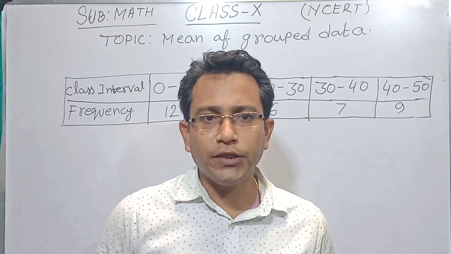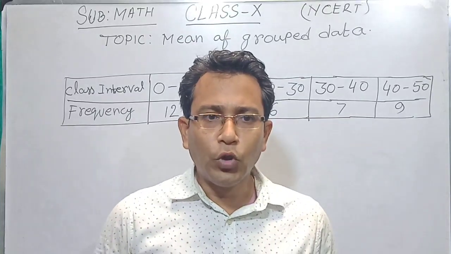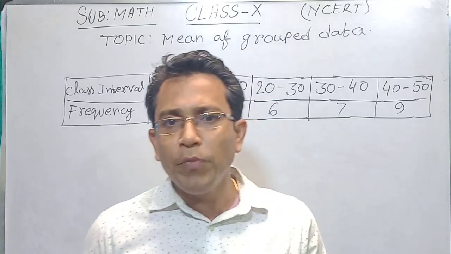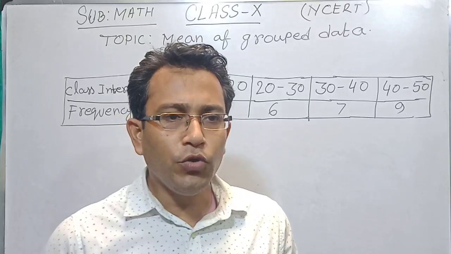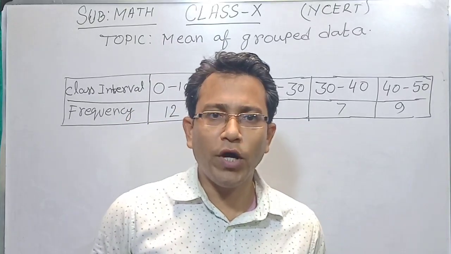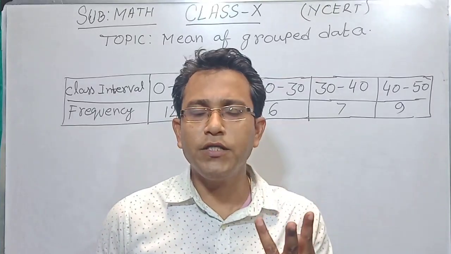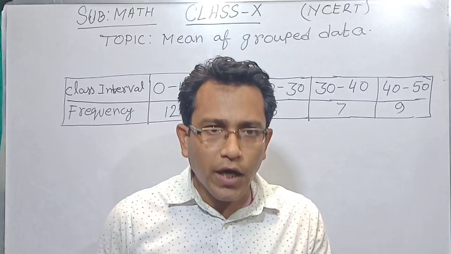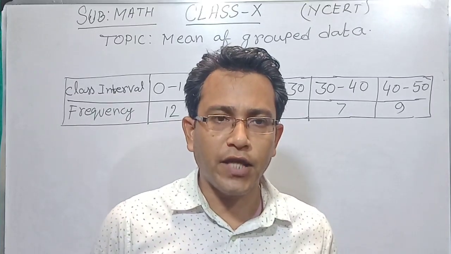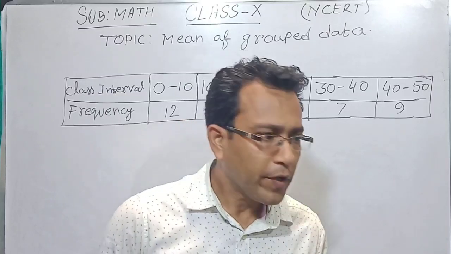To calculate the average value of grouped information which is in numerical form, we use three averages: one is mean, second one is median, third one is mode. Here we shall start from the first average, that is calculation of mean.